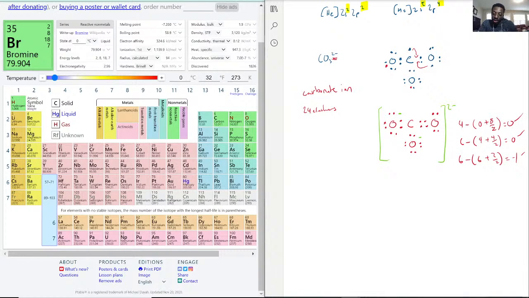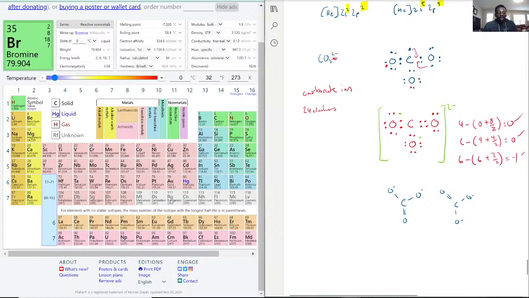So with that all being said, the other resonance structures are going to look kind of like this, where the double bond is here, or the double bond is here, and these are where the negatives are. So these are the other resonance structures for the carbonate ion.